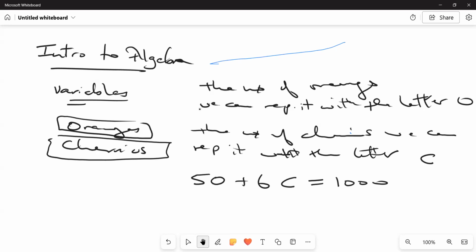So you have a way of relating how much orange. I guess this O might confuse you. You might think this is 50, right? This is an O, right? And the amount of cherries we represent with a C, right?